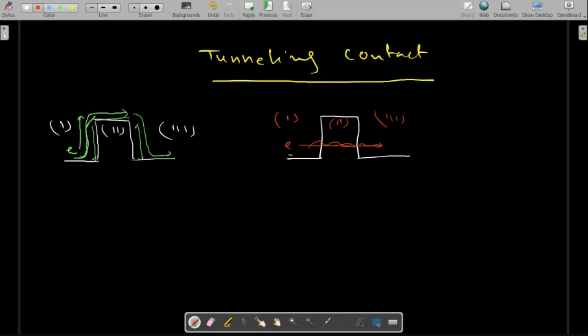But there are some certain conditions. The first thing is that you have to make sure the thickness of this barrier is small enough. It will be very small, so then only this penetration is possible.